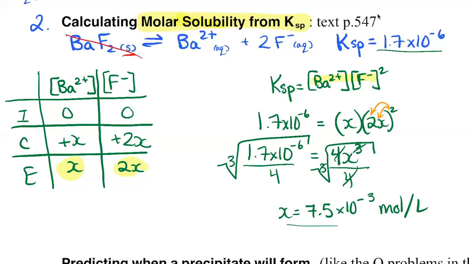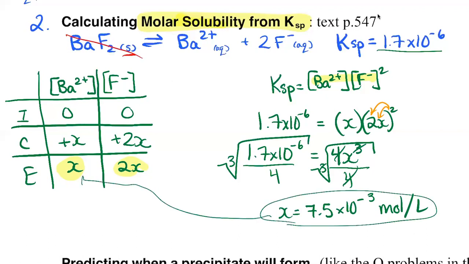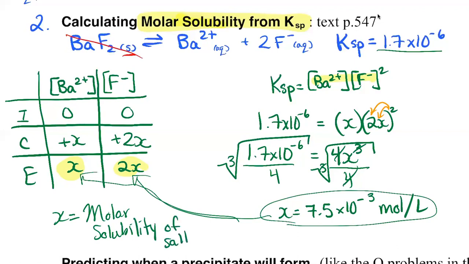And this is basically equal to that, which is also equal to the molar solubility of the salt.